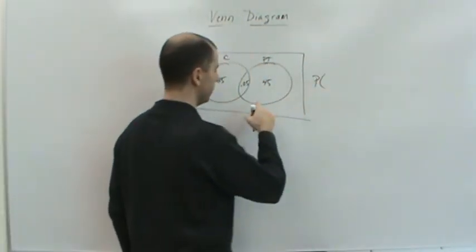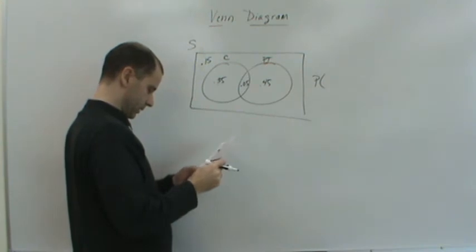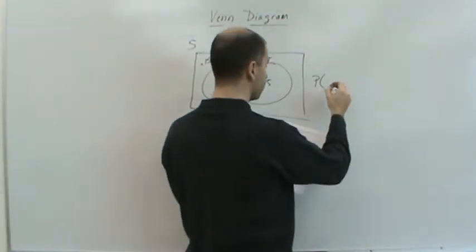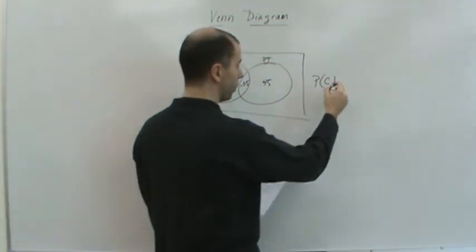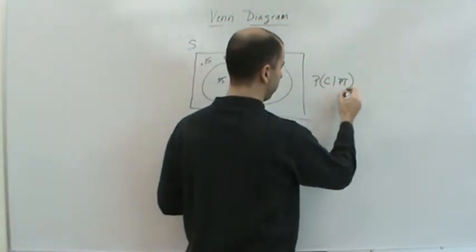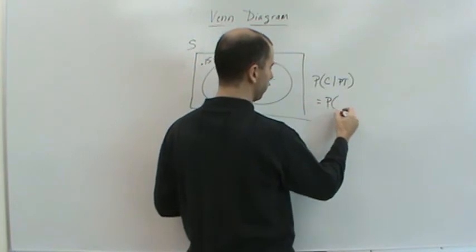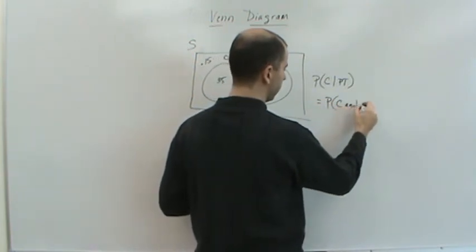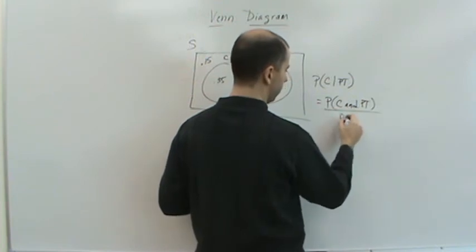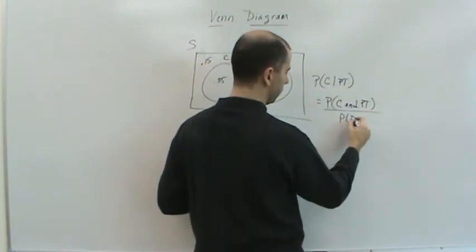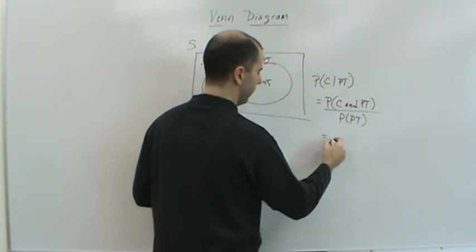The probability that a student belongs to a club given that the student works part-time is the probability of both, divided by the probability of part-time.